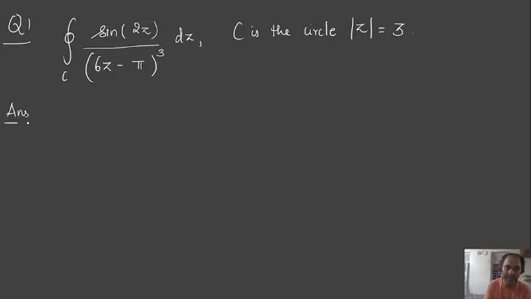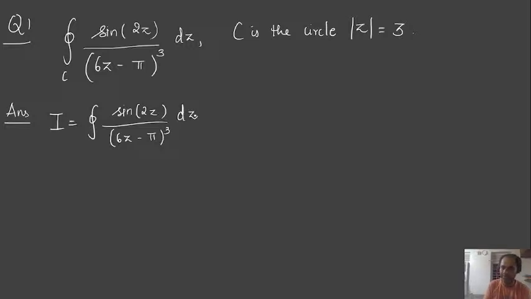So first thing first, we write I equal to integral of sine 2z divided by (6z minus pi) cubed dz.